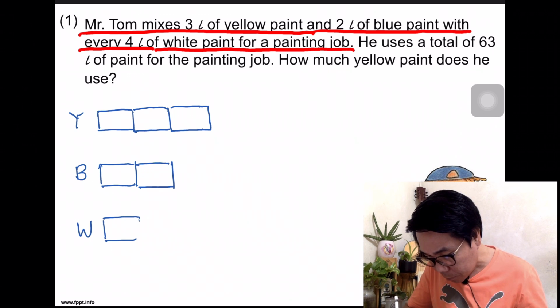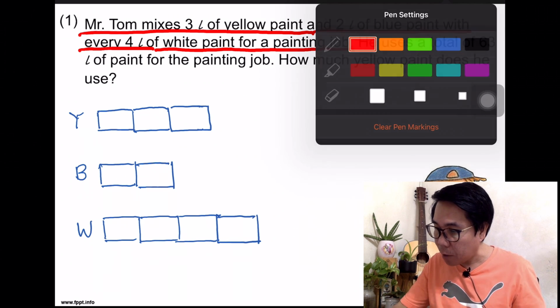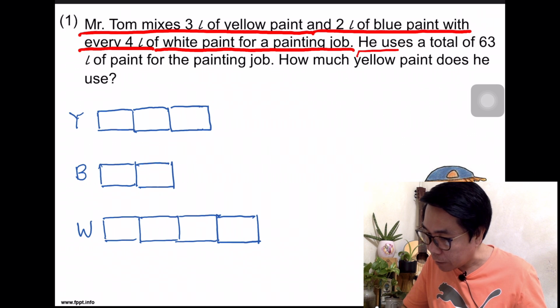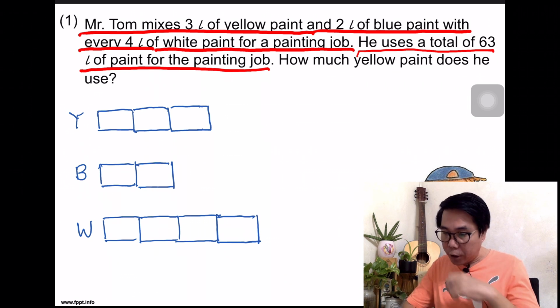1, 2, 3, and 4. Okay, let's continue analyzing the problem. And then it says here, he uses a total of 63 liters of paint for the painting job.